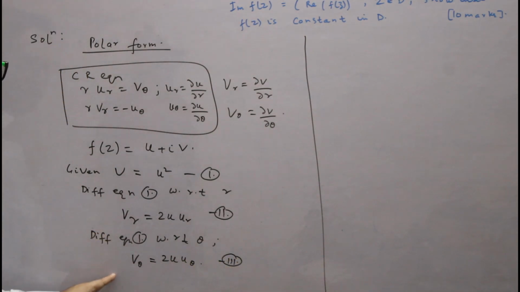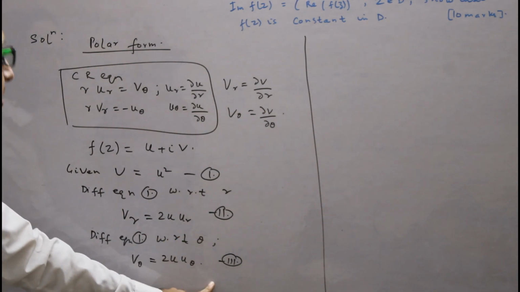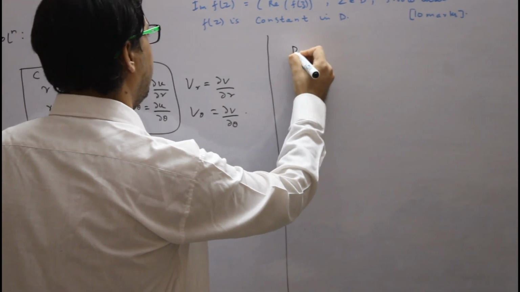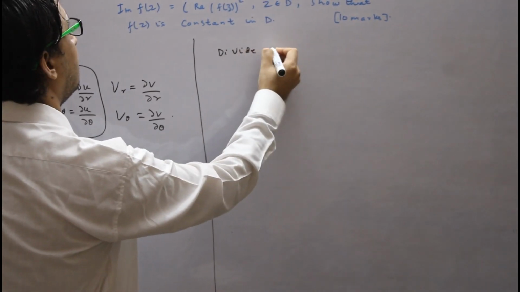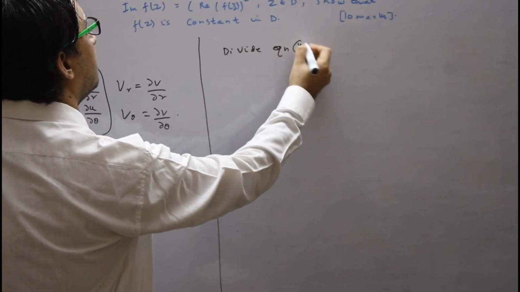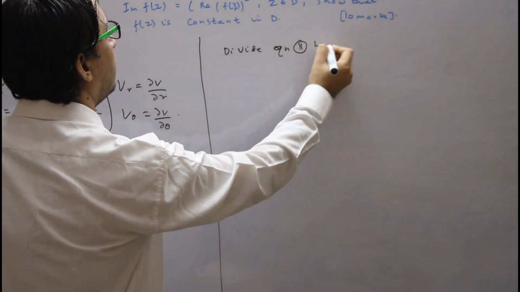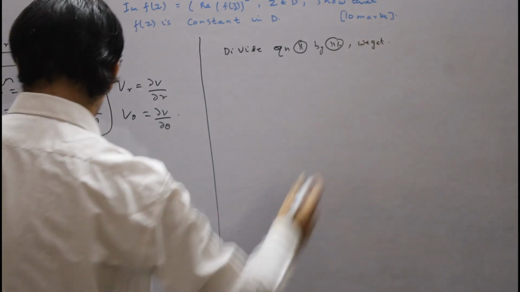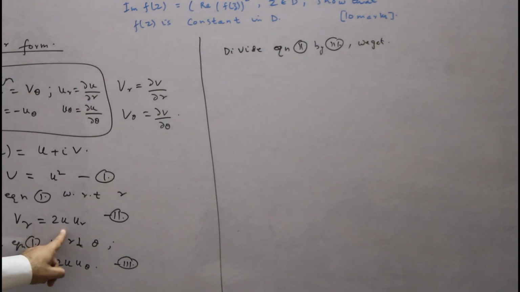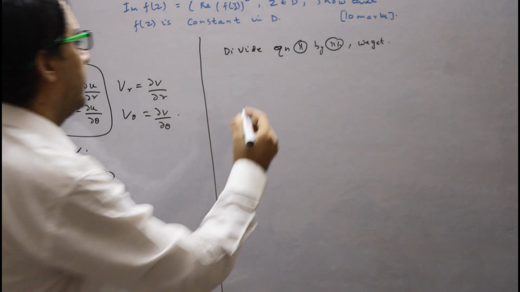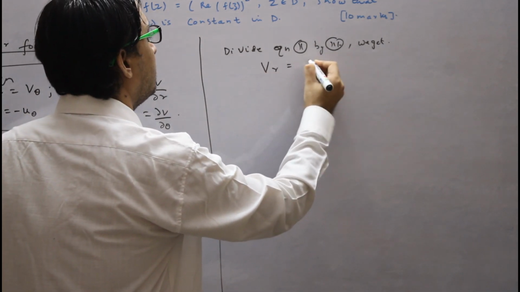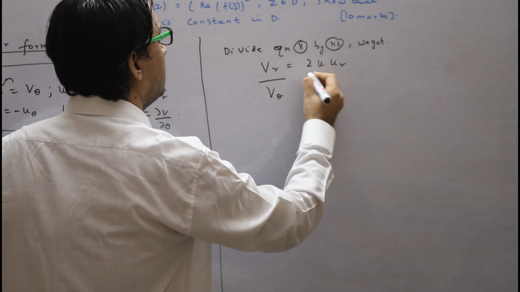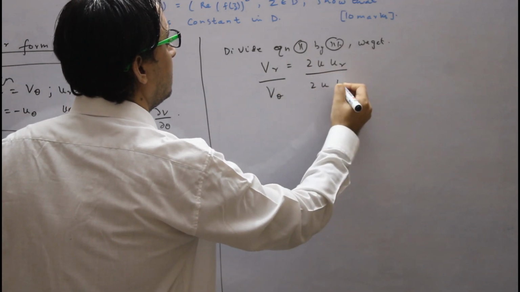Now I'm going to divide equation 2 by equation 3. What is equation 2? v_r is equal to 2u u_r, and v_theta is equal to 2u u_theta.